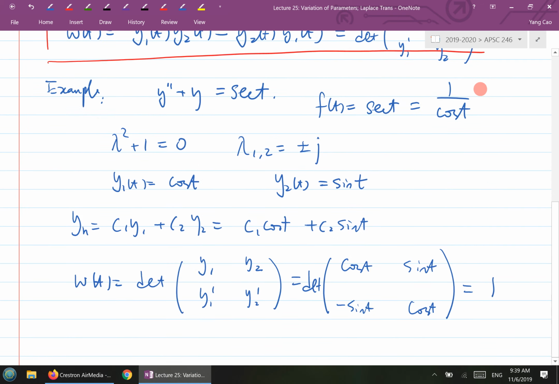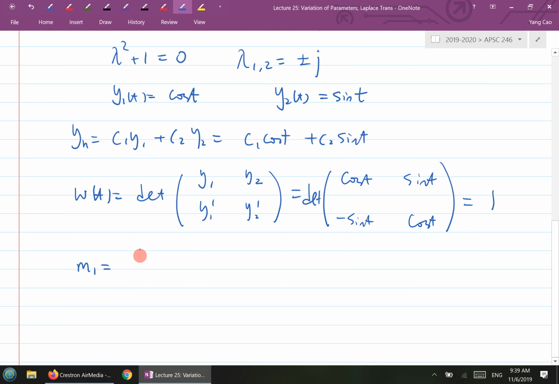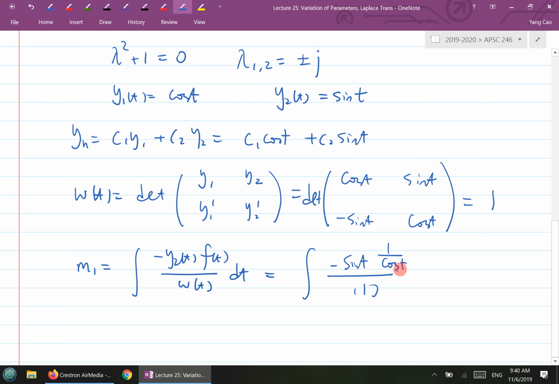So let's calculate m1 first. W is 1, y2 is sine, f(t) is 1 over cosine. That's m1, and this is the integral of negative sine over cosine dt.